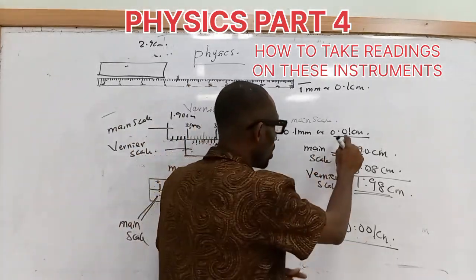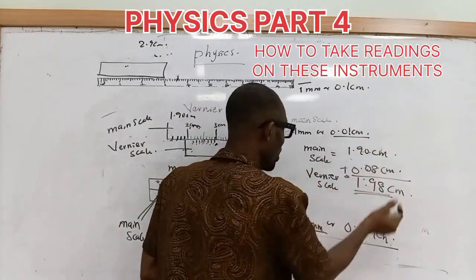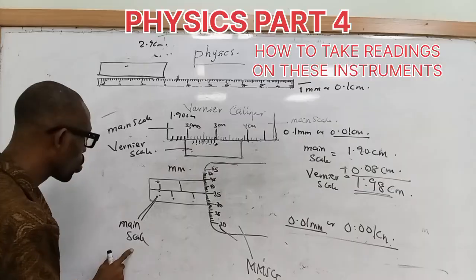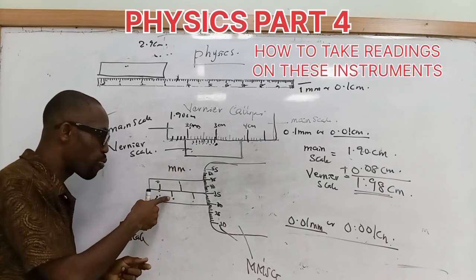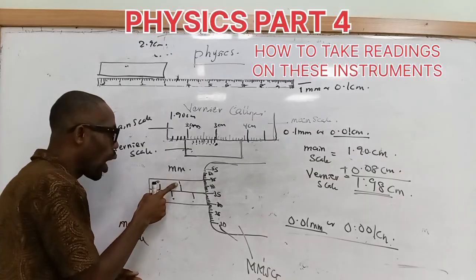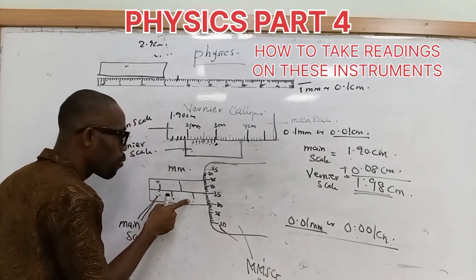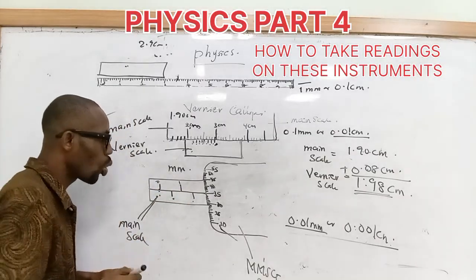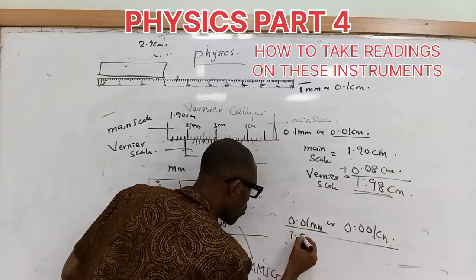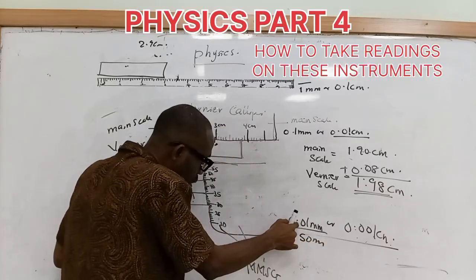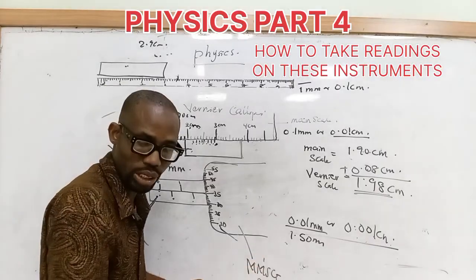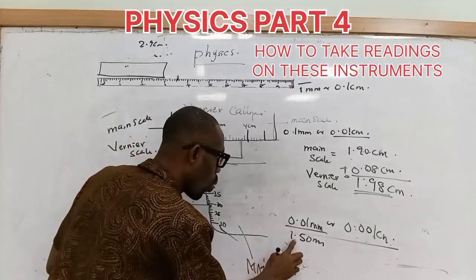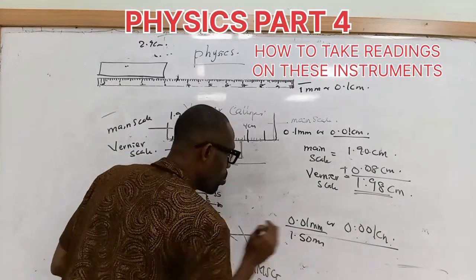Now, in the micrometer screw gauge, the main scale, this is 0. This is 0.5. Are you with me? This is 1. This is 1.5. So what would that be? 1.50 millimeter, which coincides with this. I don't know that you understand what I'm saying now. So which is what? 1.50 millimeter.